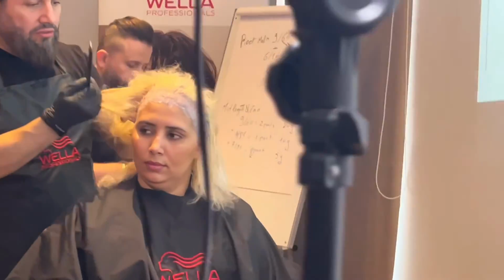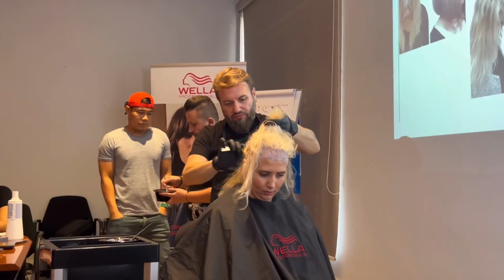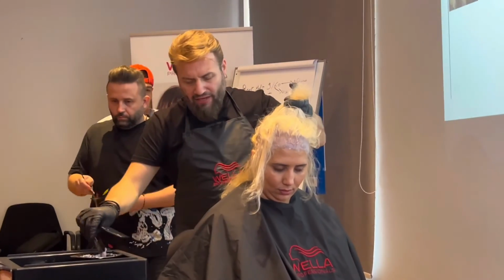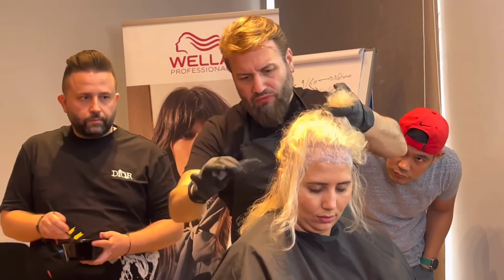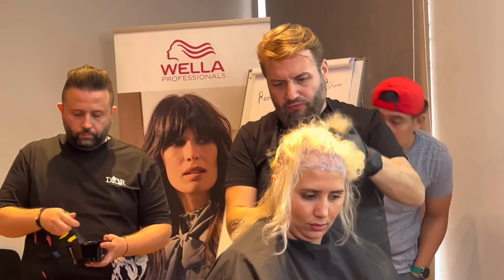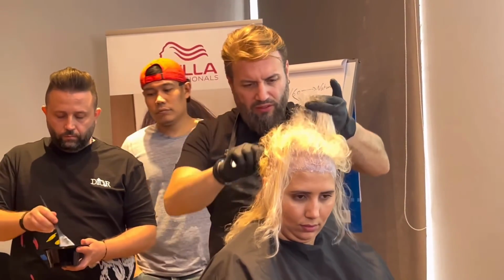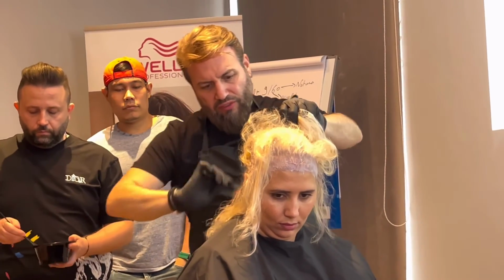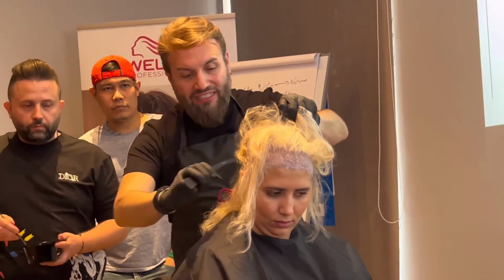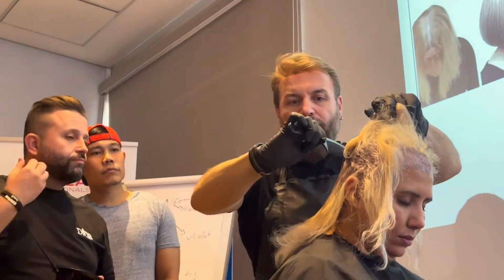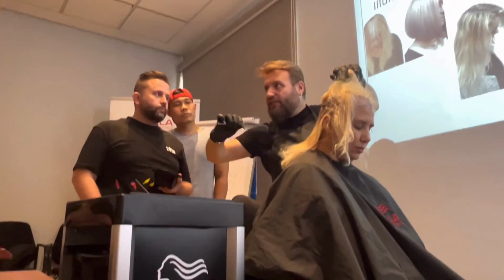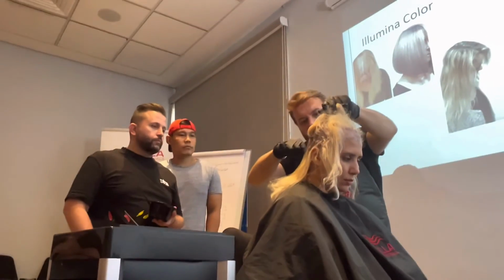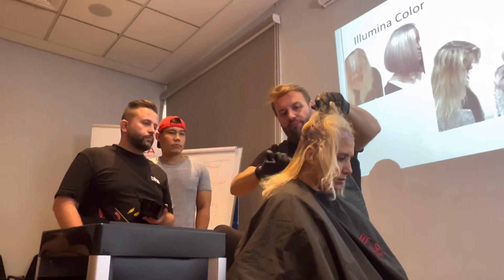So I can check if there is something missing. So this is to avoid a line. While using the comb, when you use it, you should take from the comb like that and then make it like this. Look, and then comb it.